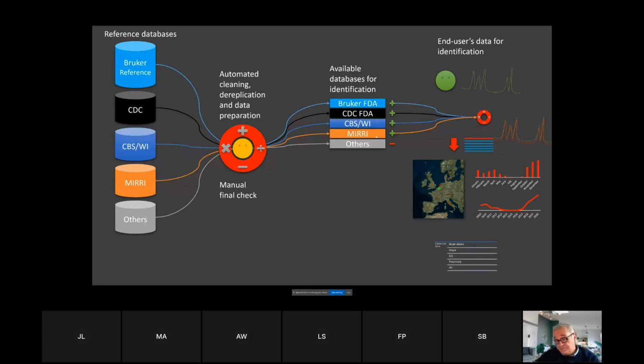But for that, we will need to gather the information from the end users of the system, if they are willing to share their samples and their data. That would go to an end user database, and finally it would be checked for quality, and it would become available again for the other end users as well, if they want to include those in their system.